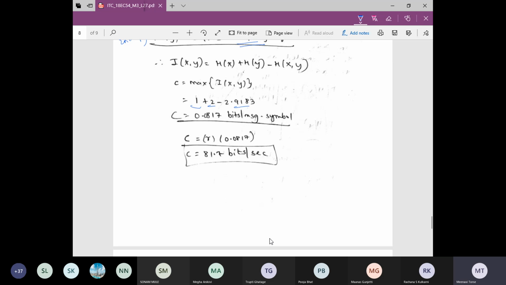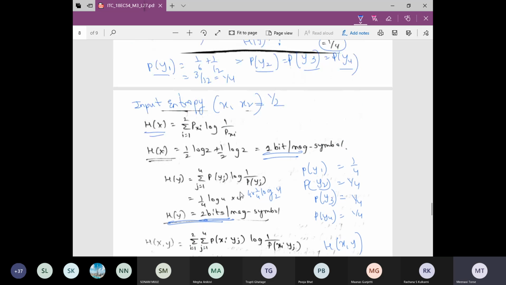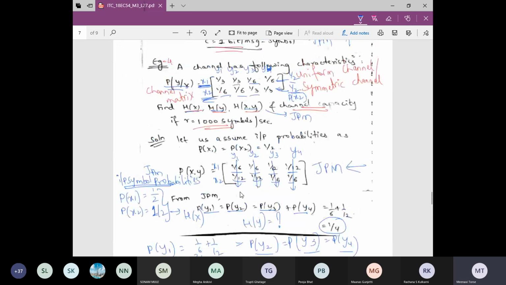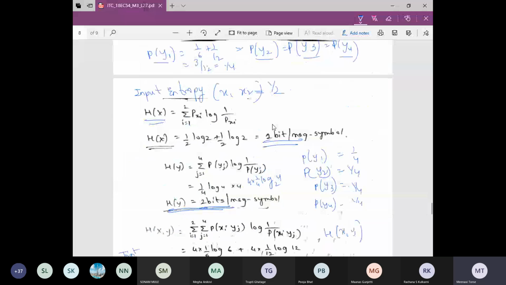And for this uniform or symmetric channel, the rate of transmission, that is the symbol rate, is 1000 symbols per second.